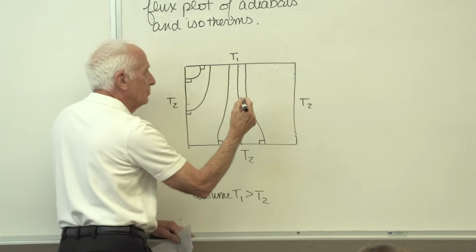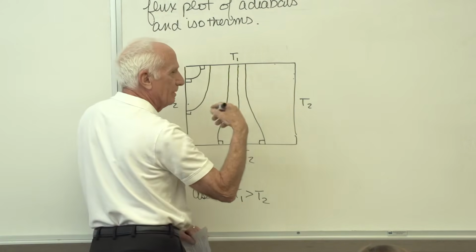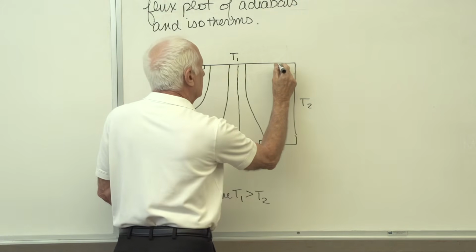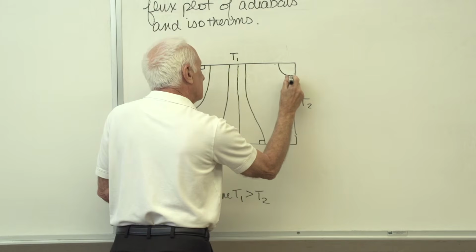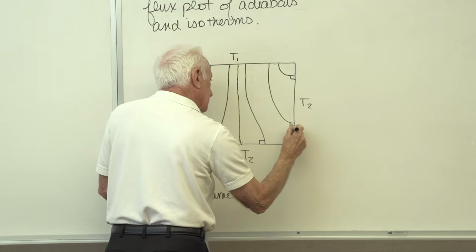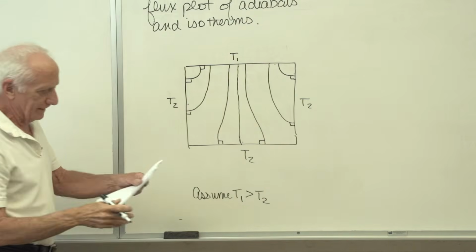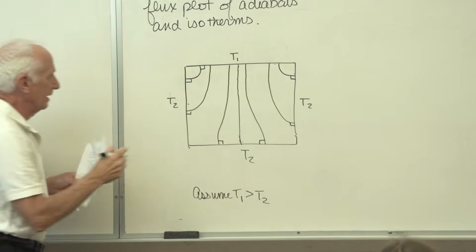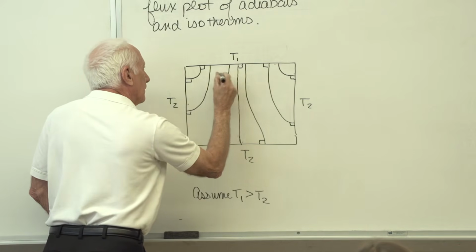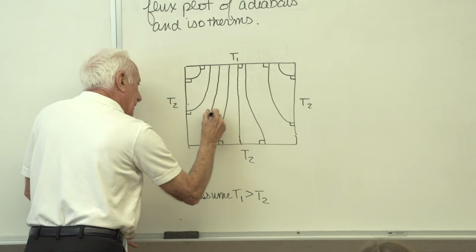Because it's symmetrical, you wouldn't have to draw both sides, but I normally do because it gives me a complete feel for the problem. Okay, now I come out here, and now I start going down that way.